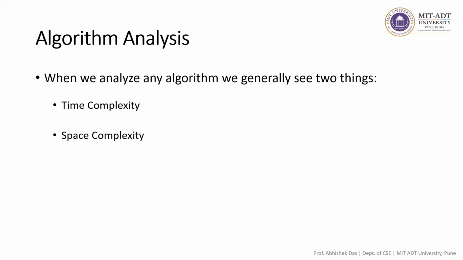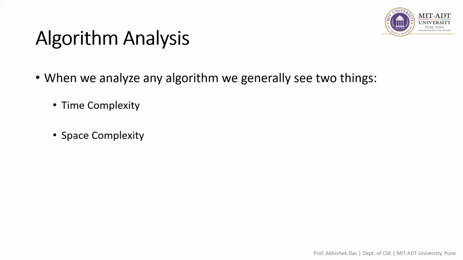Okay, so it is because the total time taken by a certain algorithm also depends on certain external factors as well, like the compiler used and the processor speed, and so on. So different external factors are also there, which make changes.